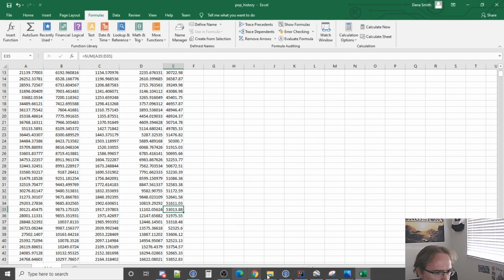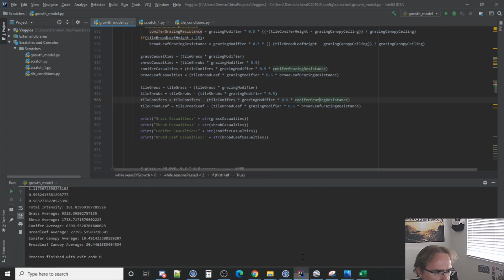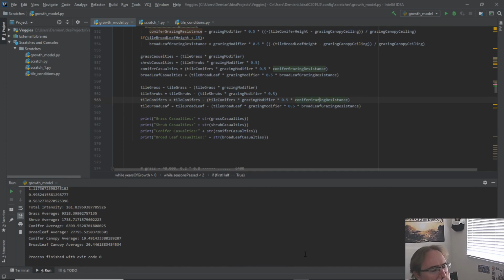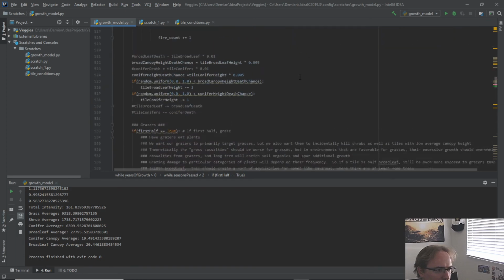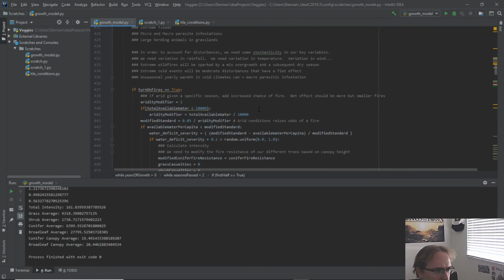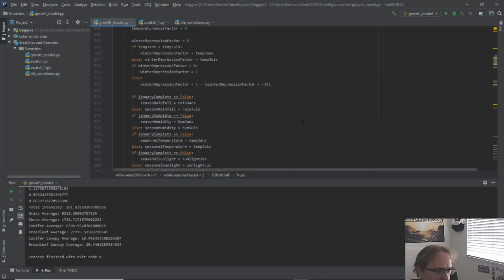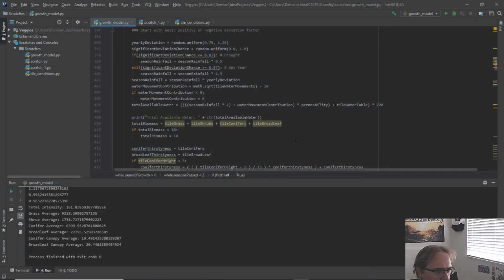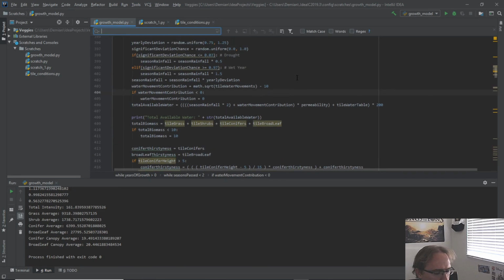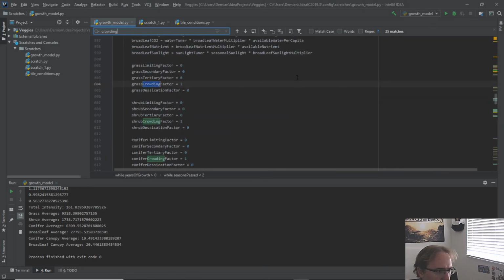Alright, so this is what we're going to do. Let's go back. We have so many more interesting things constraining growth now than just crowding. So we really need to update crowding.